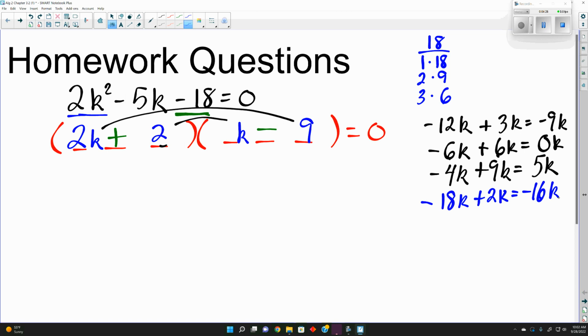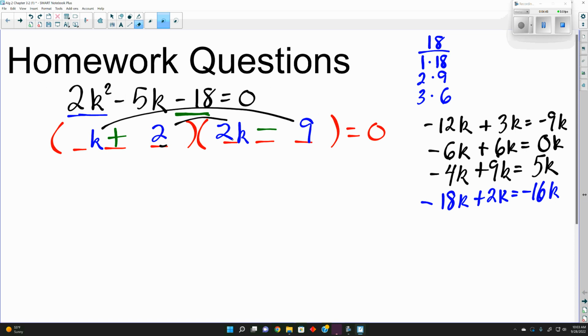So just flipping that doesn't work, because we also have to flip the 2 and move it over here. Because we still need that pairing of having the 2k times 2 and the k times 9. We need those pairings, we just need the sign to change.